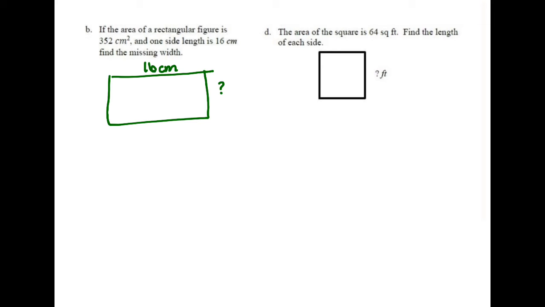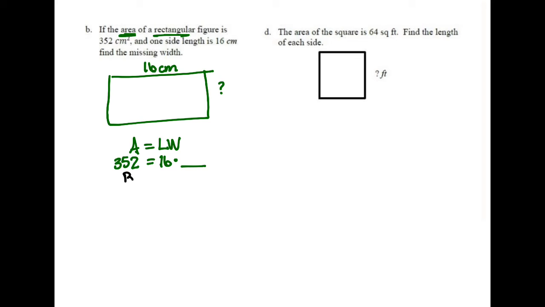So there's our diagram. We know it's area and we know it's a rectangle, so I drew a rectangle. Now the rectangle formula is right there. Area we know is 352, and we're assuming we know the length, so what's the width?